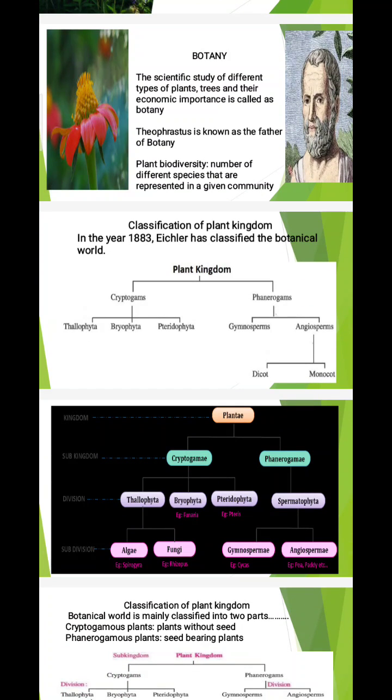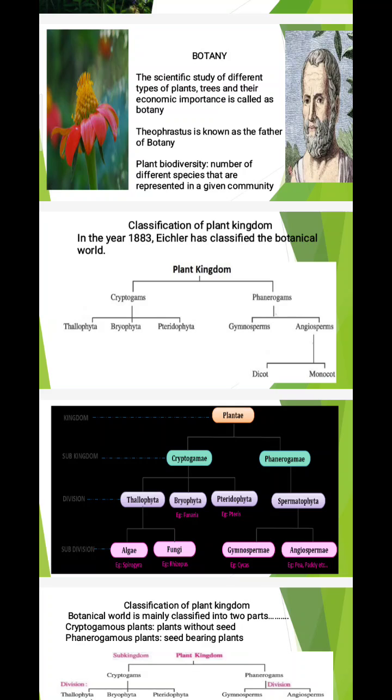Regarding the study of this plant community, the classification of the plant kingdom is very important. So the scientist Engler, in 1883, first of all classified the plants. Basically he differentiated plants into two groups.